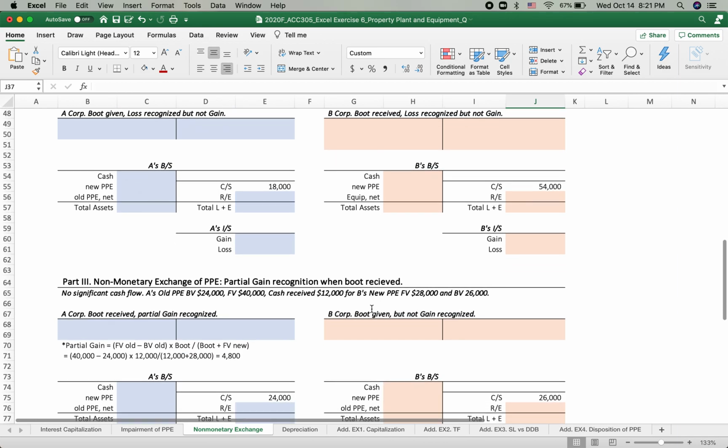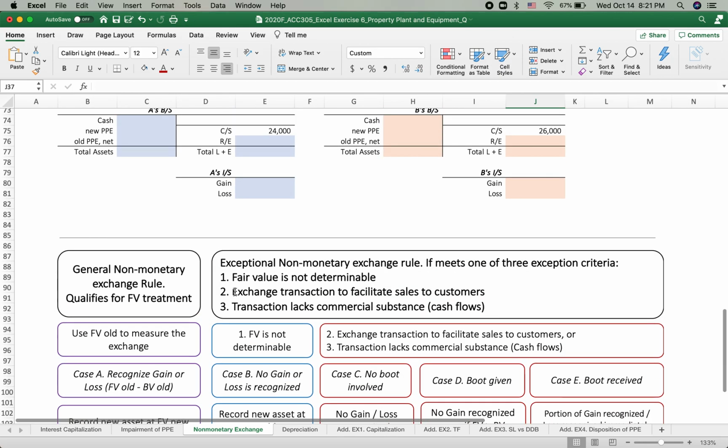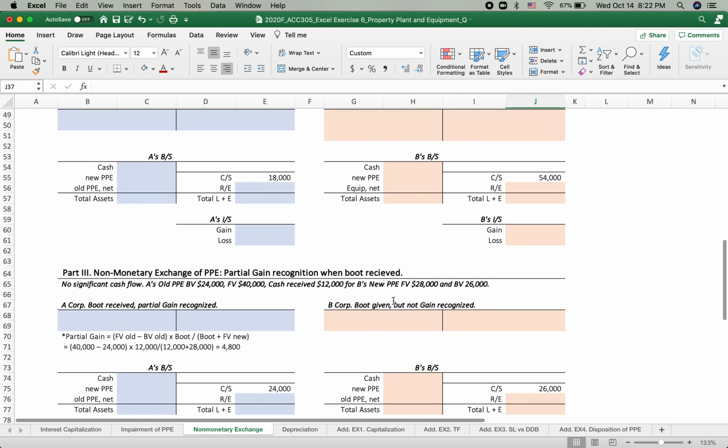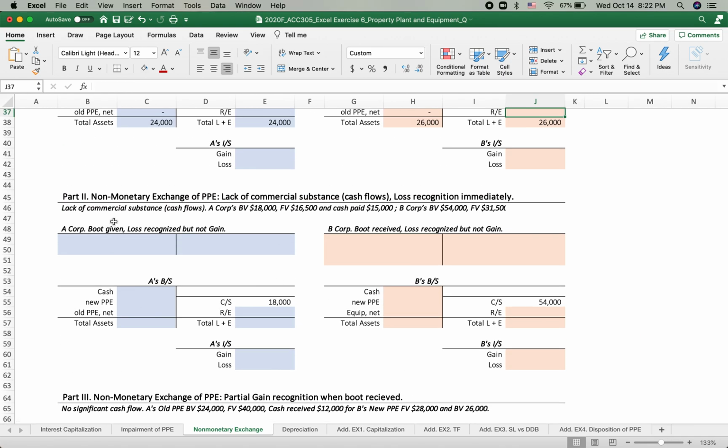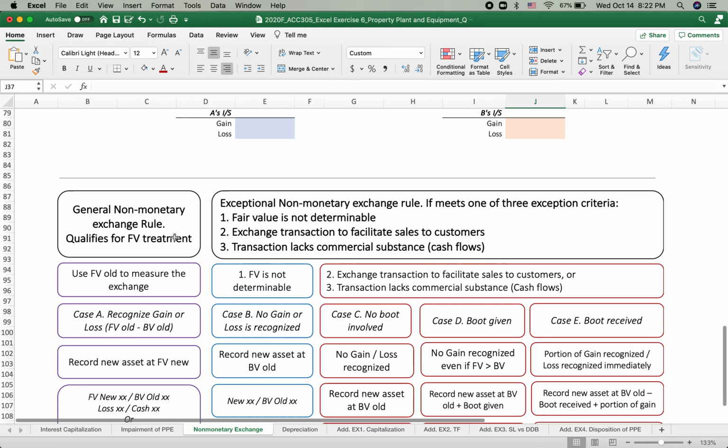It also has the exceptional non-monetary exchange rule. Exchange transaction to facilitate sales to customers, intentionally the exchange is to increase the sales, ignoring the fair market value. So lack of commercial substance case is number 3. Transaction lacks commercial substance.